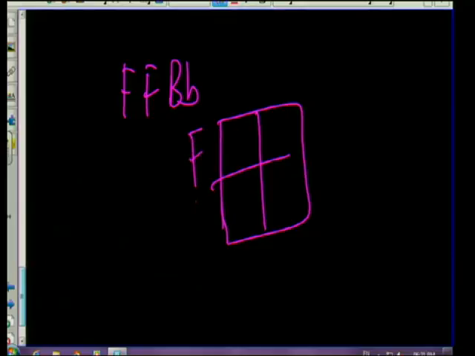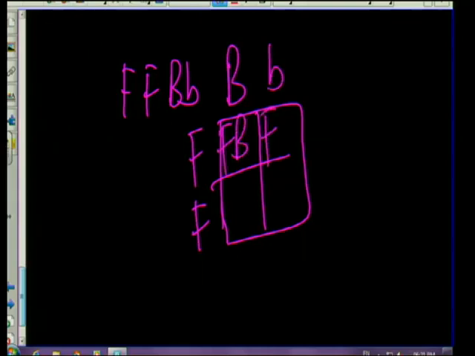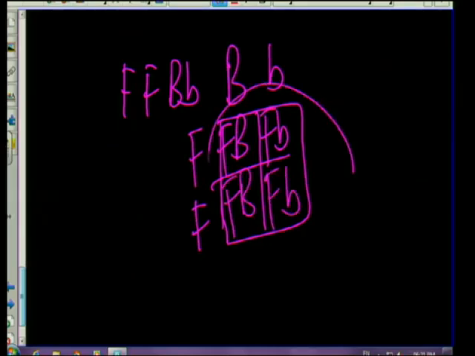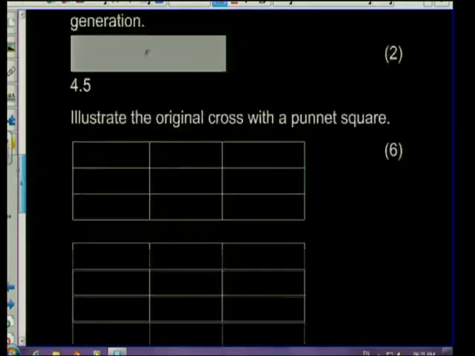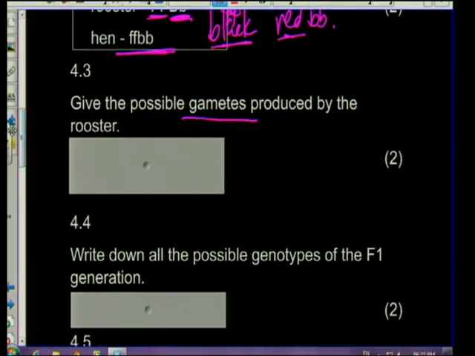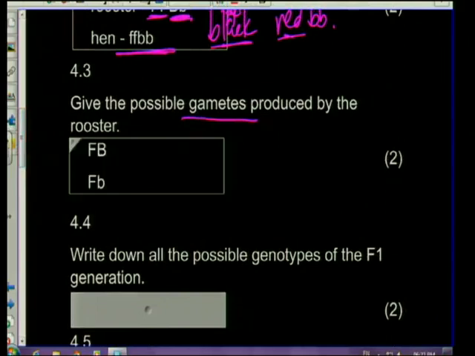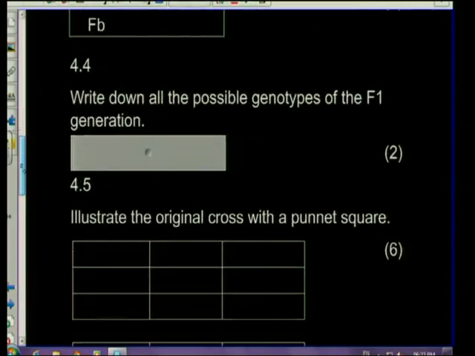So you put capital F, capital B, small b. That will give you capital F capital B, capital F small b, capital F capital B, and capital F small b. So these are your gametes. That's the easiest way to work out the gametes in a dihybrid cross. Write down all the genotypes of the F1 generation.